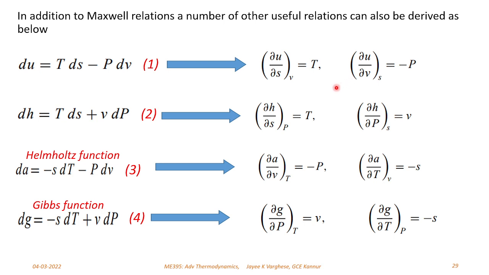In this presentation, we had seen the phase transition, first order and second order phase transition, and also the thermodynamic processes taking place during the same phase, that is, a homogeneous phase.